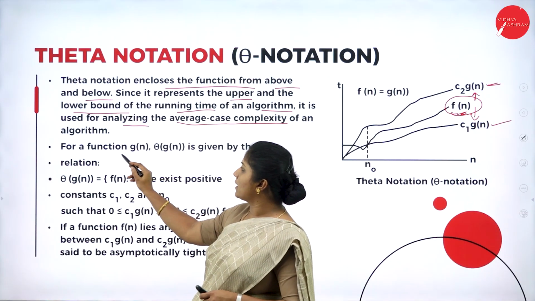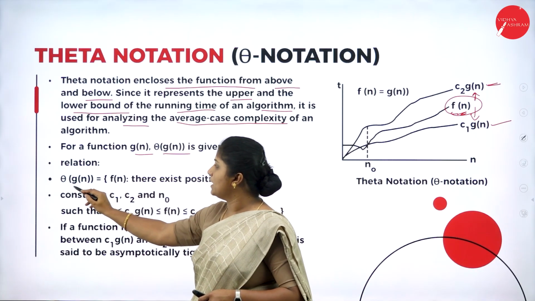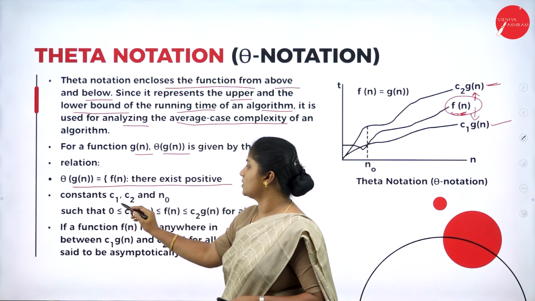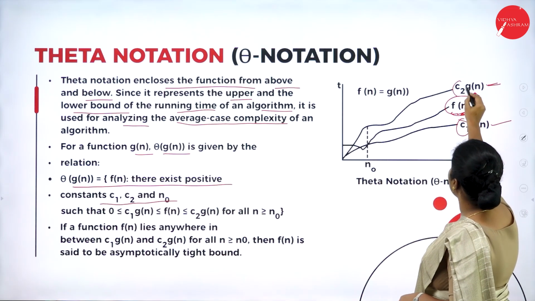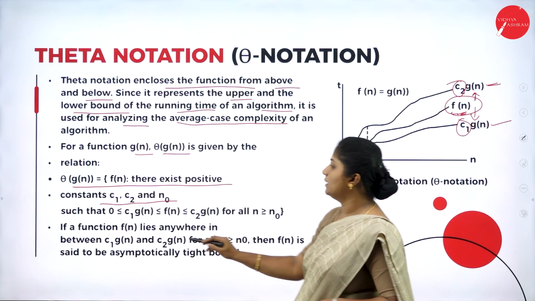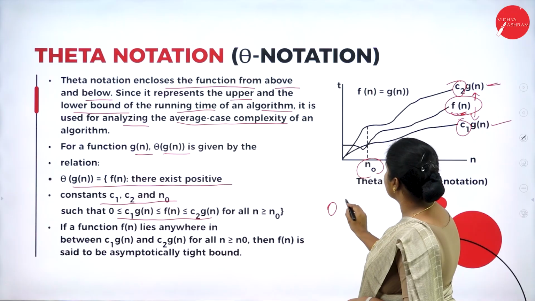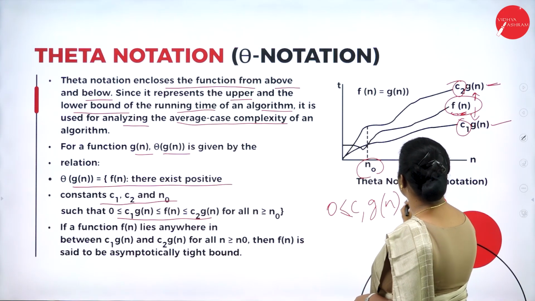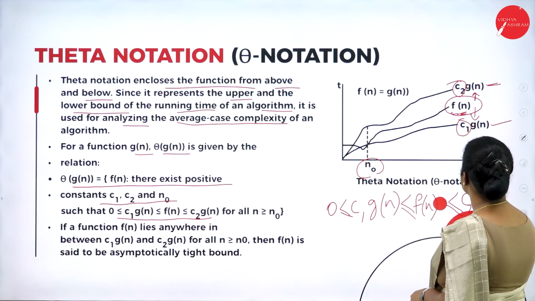Based on that, we can write that theta of g of n is given by the relation like this: f of n, there exist positive constants C1, C2 and n0, such that 0 is less than or equal to C1 g of n, which is less than or equal to f of n, which is less than or equal to C2 g of n.